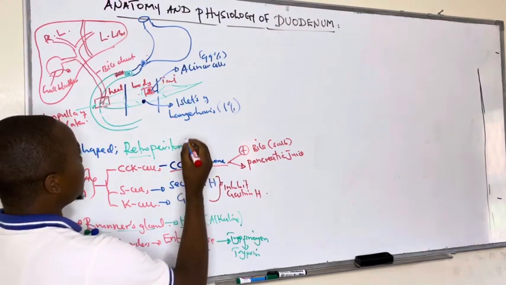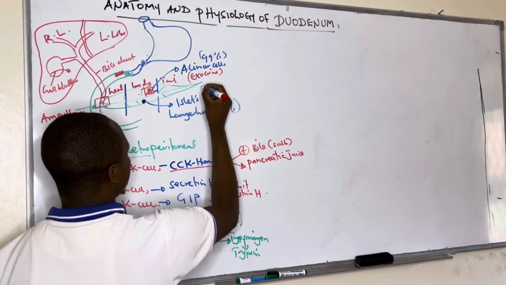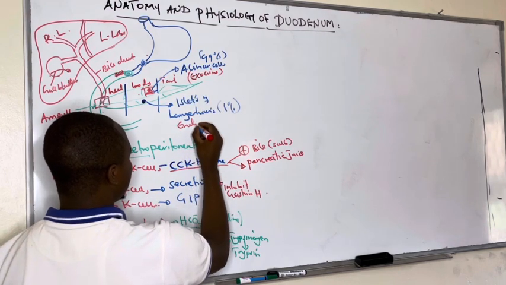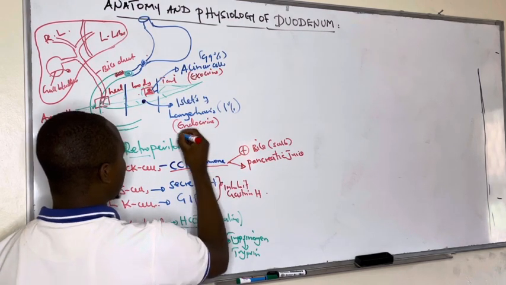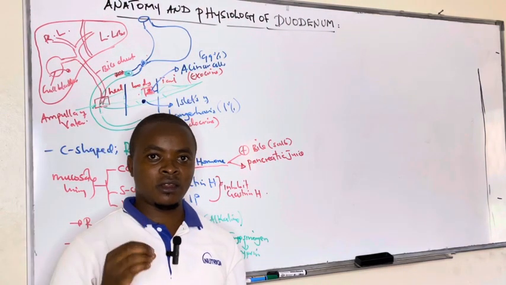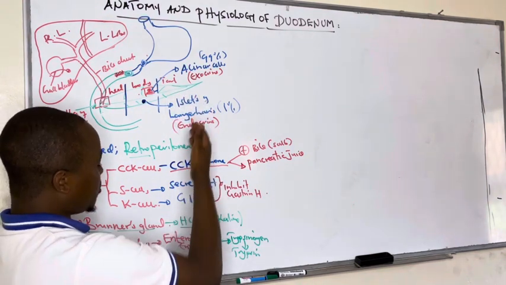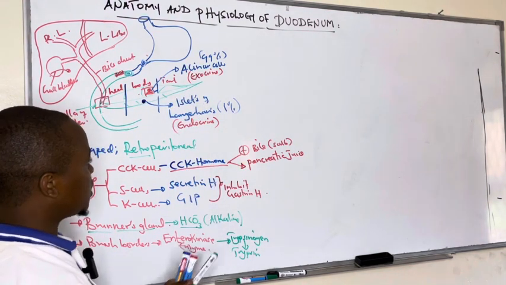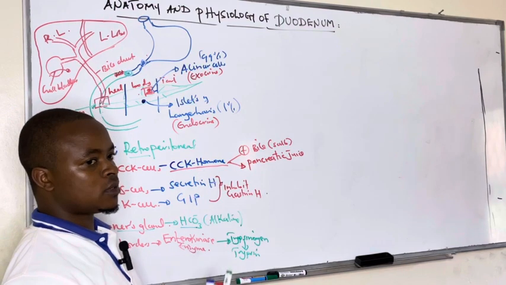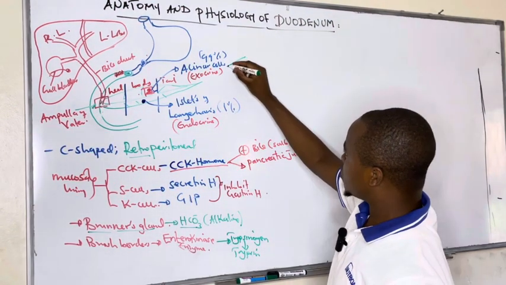These acinar cells are exocrine, whereas islets are endocrine cells. That's why we say the pancreas plays both an exocrine and an endocrine role. This pancreatic juice, after being stimulated by cholecystokinin hormone, is produced and passes majorly in two ducts.